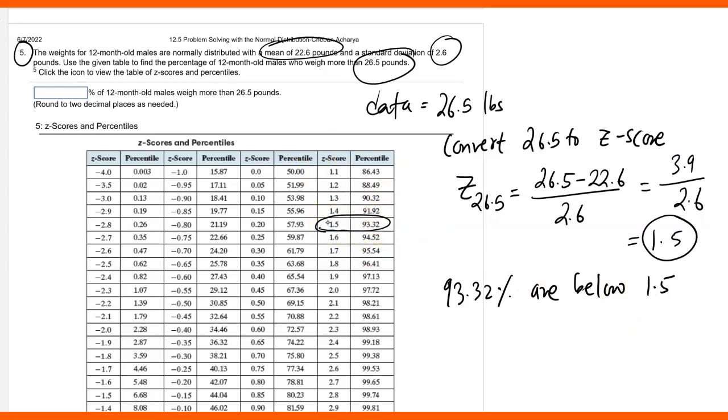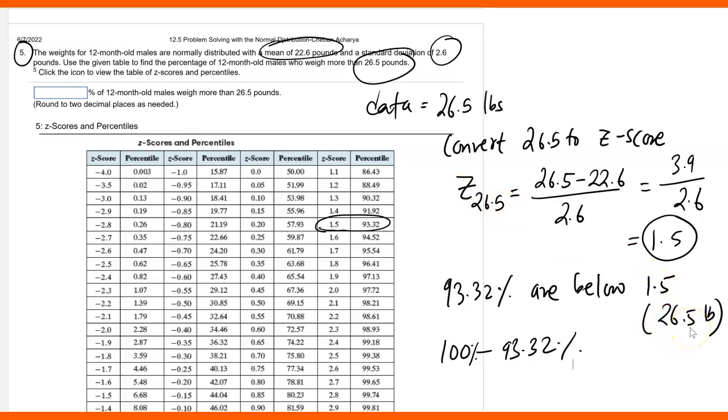Remember that 1.5 is the z-score for 26.5 pounds. But I'm looking for more than, which means you subtract the percentage less from 100%, and you get the percentage above 26.5 pounds.